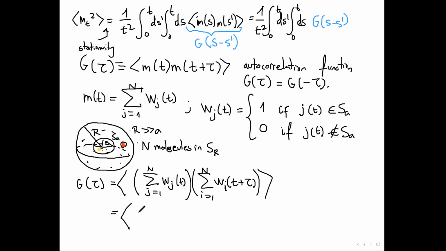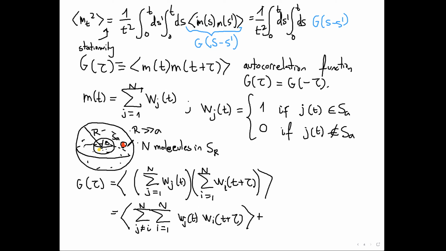So this first term will be this part, the double sum, multiplying, i equal 1 to n of Wi(t plus tau), then it will be Wj(t), and I will sum this molecule with all the rest that are not itself. So j distinct to i up to n. Okay, this is the first term.